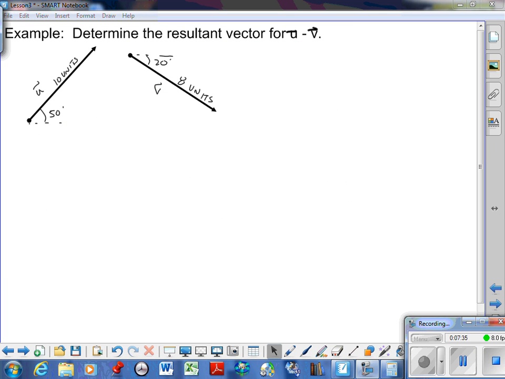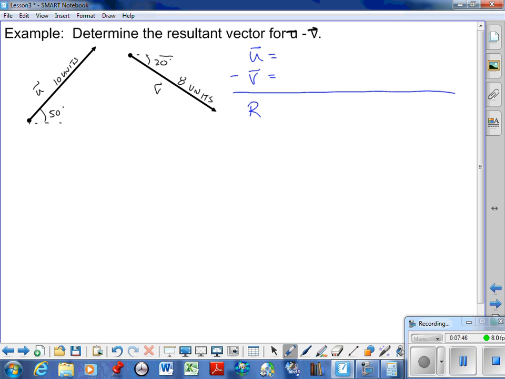So one final example here, u minus v. We know that the u vector minus the v vector is going to give us our resultant. At this point, you just got to determine the end coordinates as being positive or negative. Both x and y components are going to be positive.